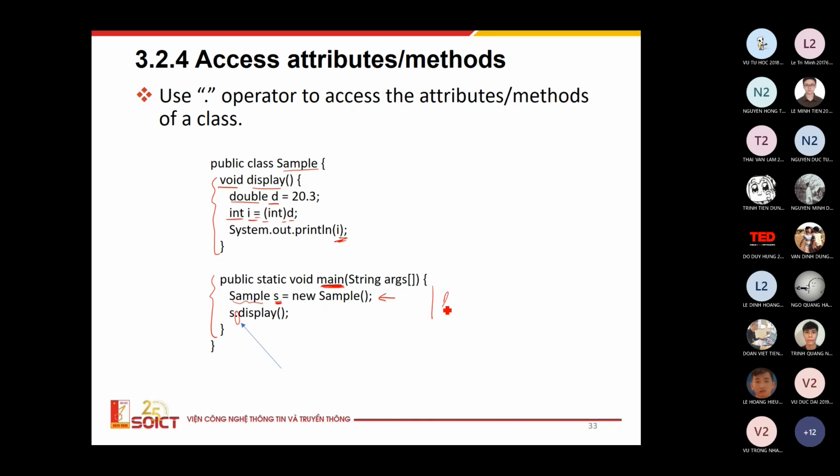For this, maybe later I will analyze for you more clearly. Just to introduce that the point operator is used to access the attribute or method.